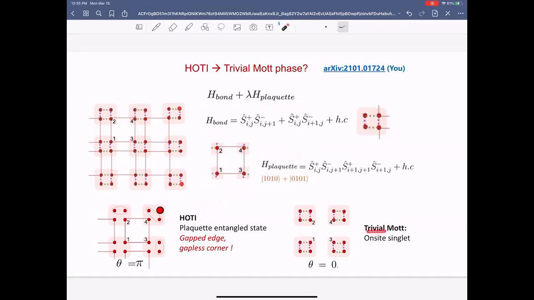So this is a trivial Mott insulator where spins just pair up inside the unit cell and there's no entanglement at all between different unit cells. The higher order topological insulator corresponds to a quantized quadrupolarization with theta equal pi, and the trivial Mott insulator corresponds to theta equals 0. So what would happen if we continuously tune this lambda?